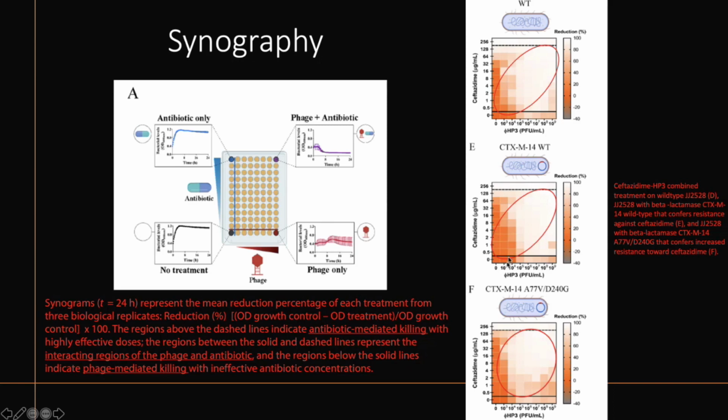With the addition of the phage, you essentially maintain this synergy, as you can appreciate by the downtrend in the interacting region of the heat map. And again, this is another mutation that was introduced to produce a different strain of the same bacterial cell, which makes it even more resistant to ceftazidime by increasing the levels of the beta-lactamase.